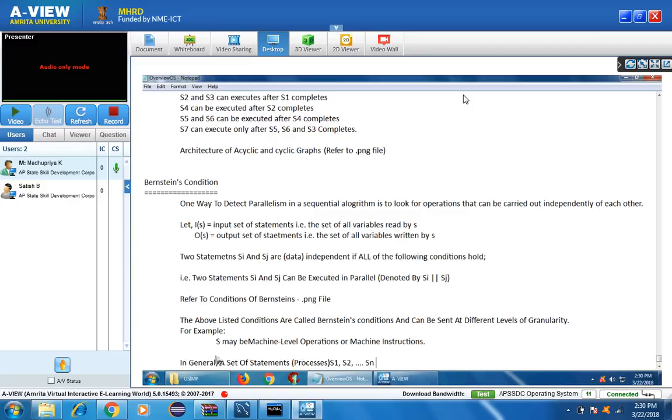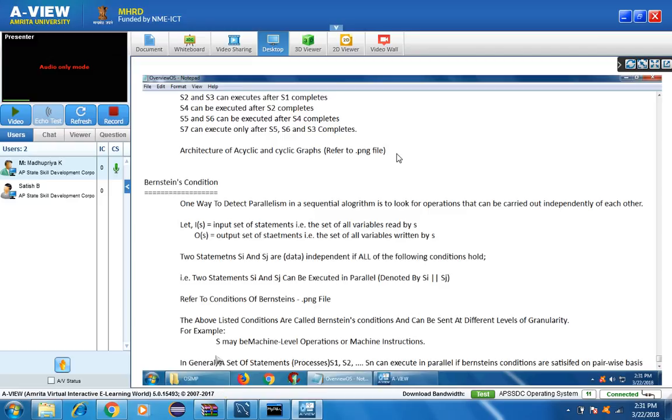S1, S2, Sn can execute in parallel, provided what is the rule? If Bernstein's conditions are satisfied. Sn can execute in parallel if the above conditions are satisfied on a pairwise basis.